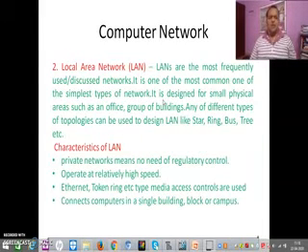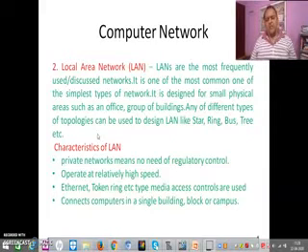Next is your LAN. LAN stands for local area network. LANs are the most frequently used or discussed networks, as everywhere in our normal life, in schools, in buildings, in offices, at homes, we are using LAN.